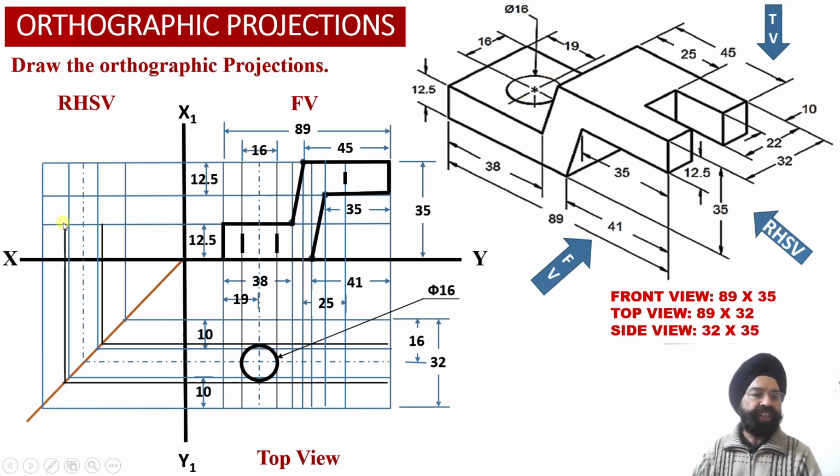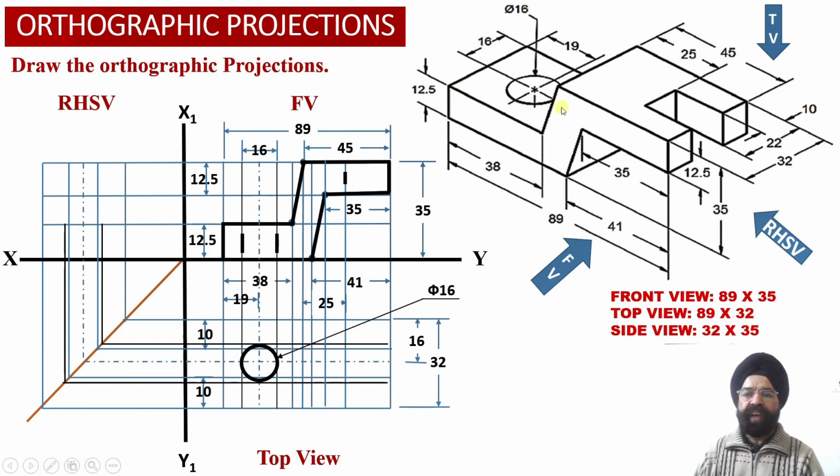So this information we have been able to obtain over here. So these are two end points of the diameter corresponding to the circular hole into the right hand side view projections over here.